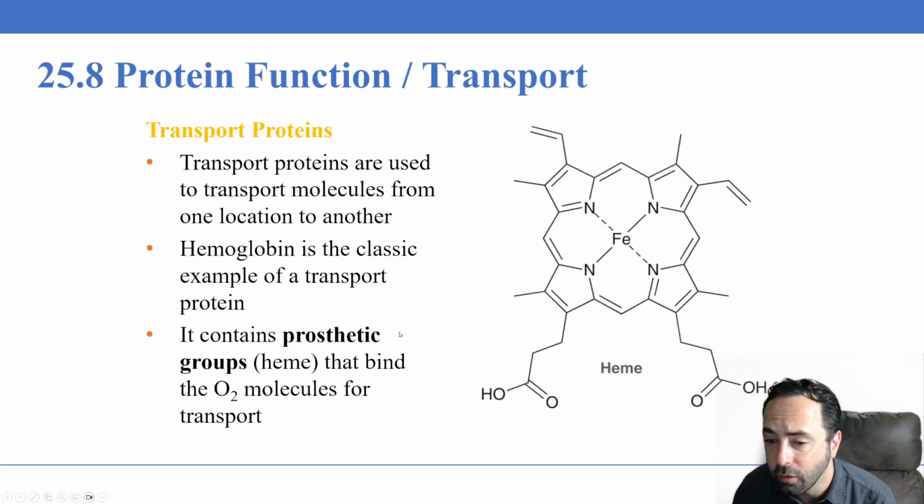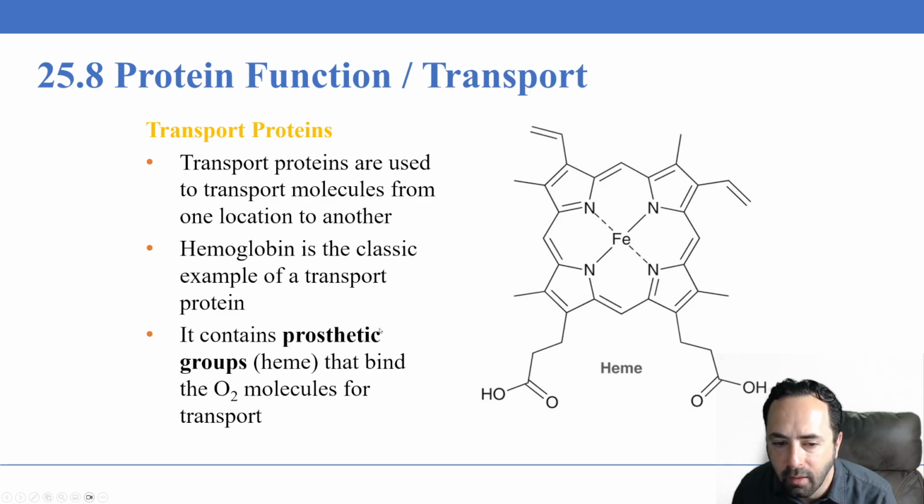Some proteins are used for transfer. We mentioned hemoglobin. In each of those 4 proteins in the quaternary structure, there's a molecule called heme, which contains in the center of it an iron atom. That is our primary reason for dietary requirement of iron. This iron can chemically bond to oxygen, O2, and then carry that O2 around the bloodstream, where it is later released into the appropriate region of the body where oxygen is needed.